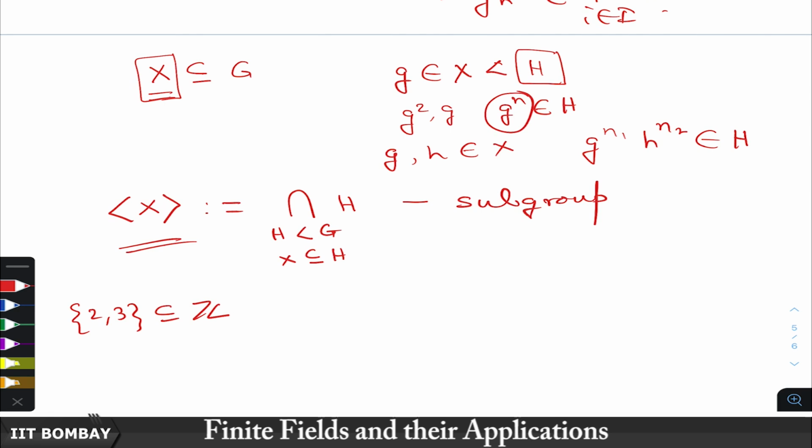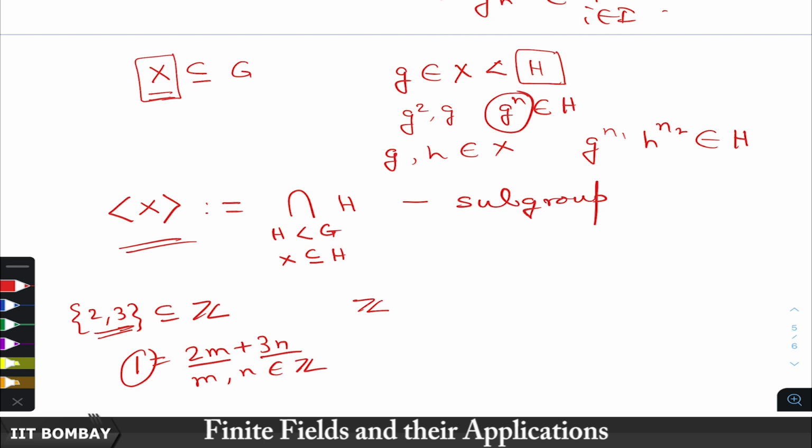Well, one can easily check that it is Z itself, because if 2 is there, then all multiples of 2 are there, if 3 is there, all multiples of 3 are there in that subgroup, and then they are relatively prime. So, 1 is their GCD. So, 1 can be written as 2m plus 3n, where m and n are integers. So, 1 will also be there, it is a multiple of 2 plus a multiple of 3.